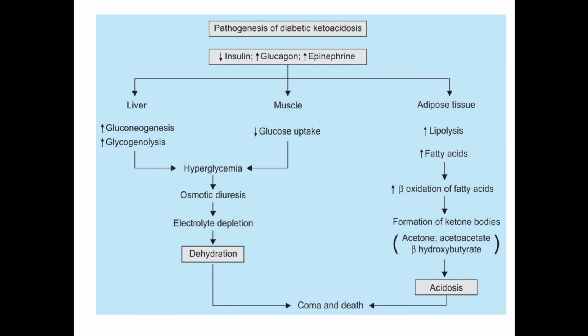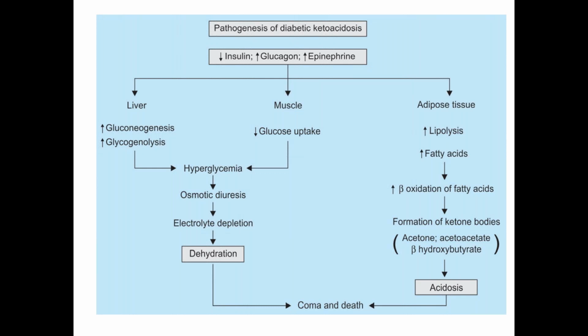When the production of fatty acids is increased, increased beta oxidation of the abundant fatty acids will lead to formation of ketone bodies in the liver. Ketone bodies are acetone, acetoacetic acid, and beta hydroxybutyric acid.